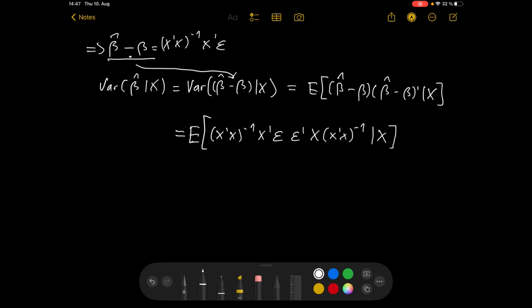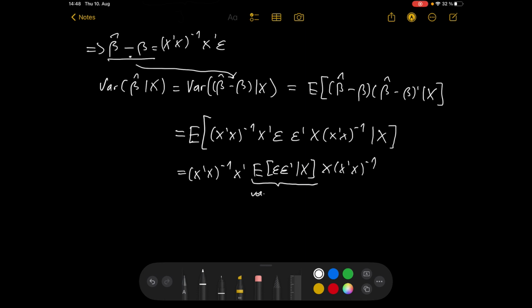Okay, we've conditioned on x, so we can move everything that includes x out of the expectation. So this gives us x prime x inverse x prime, the expectation of epsilon epsilon prime given x, times x x prime x inverse.